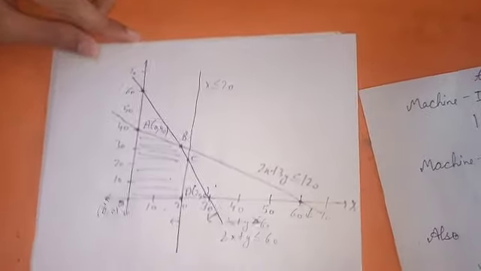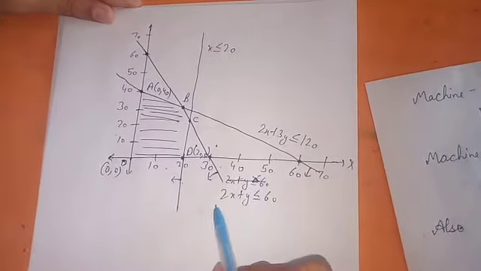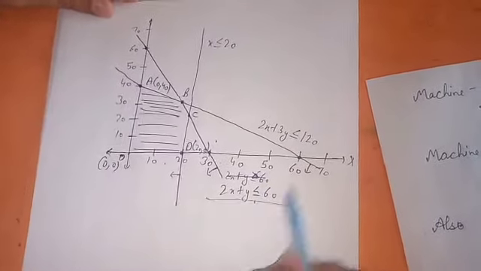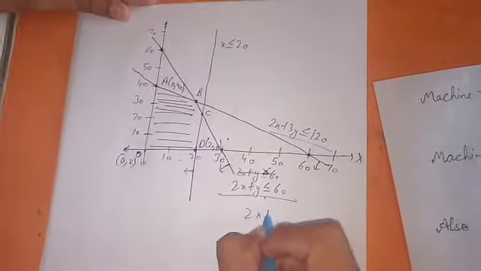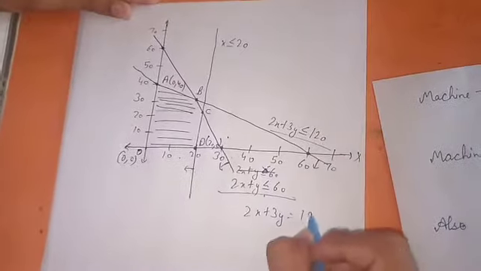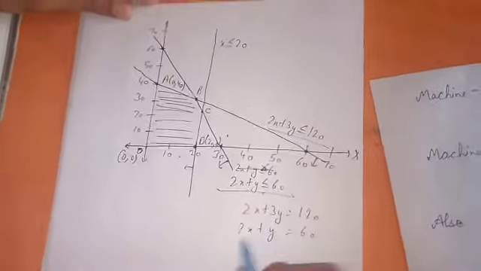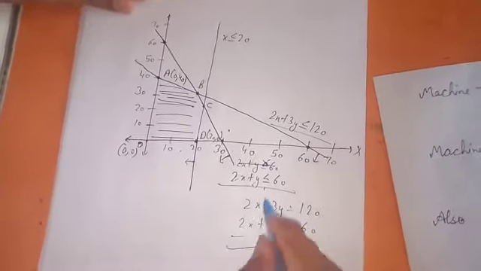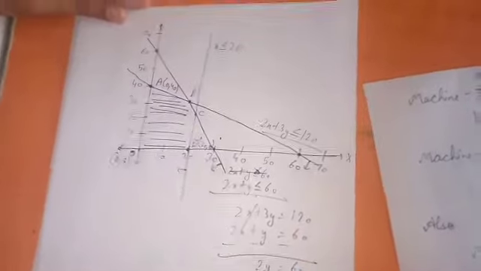Okay, to find B we will use 2x plus y, this and this. So it is 2x plus 3y is equal to 120, and 2x plus y is equal to 60. So I can subtract, and what will I get? My 2y is equal to 60, y is equal to 30.